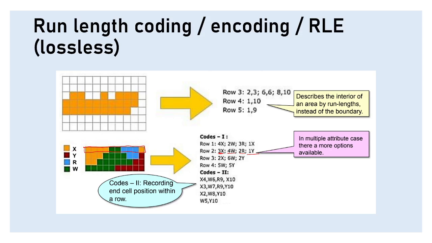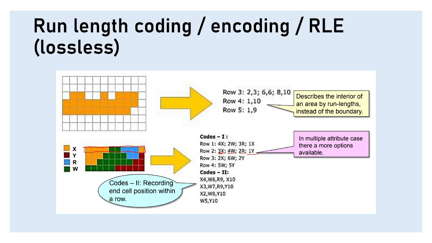Okay. There is another way also, like recording the end cell position within a row. For example, in this case, in the first row, in case of X, where the X is ending in the first row, for example here 1 2 3 4, fourth position, like the last cell position is 4, so X4 is written.